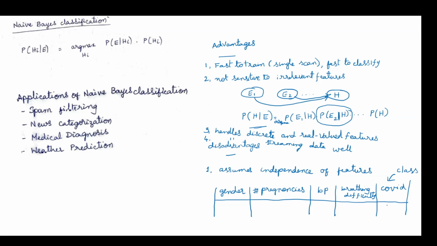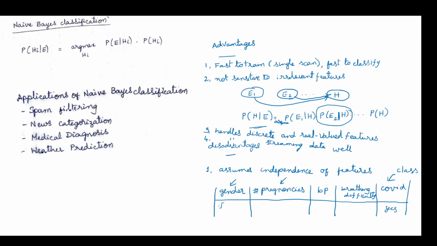Now, for presence or absence of COVID, all the features are supposed to be independent of each other. That means, for a patient who has come suffering with COVID, the value of gender is independent of the number of pregnancies, which is not true in the real case.